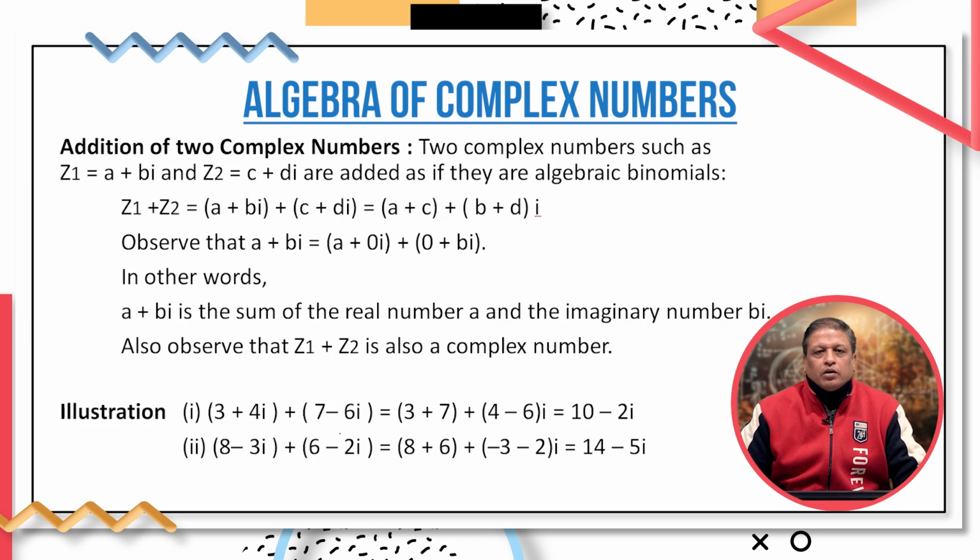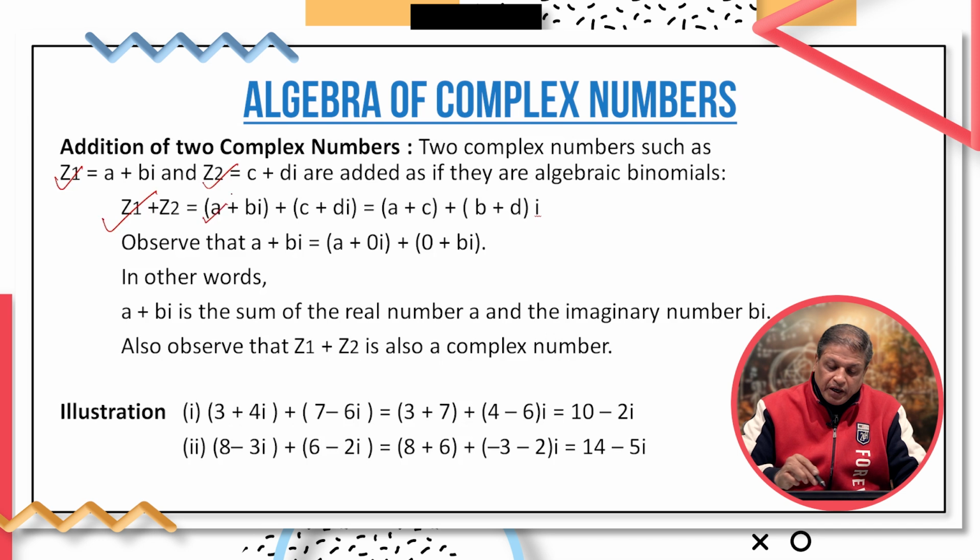Now, the next important concept is about the addition of complex numbers. So, we can perform the addition operation on two complex numbers, say Z1 is equal to A plus Bi and Z2 is equal to C plus Di. Then Z1 plus Z2 can be obtained by adding the real terms and the imaginary terms altogether.